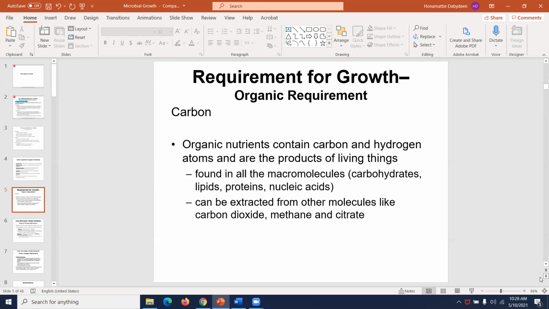They're found in all the macromolecules: carbohydrates, lipids, proteins, nucleic acids. And carbon can be extracted from other molecules like carbon dioxide, methane, citrate. We will talk about the citrate test in the lab, where organisms can extract carbon from citrate and be able to grow.